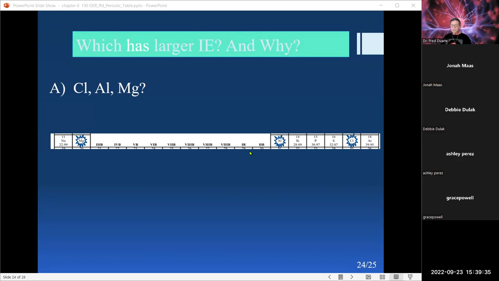Now, you can do this in two ways. One, find them on the periodic table. Once you do that, realize that they're in the same period. Here you got magnesium, here's aluminum, and here's chlorine. And given the trend that we have, because the chlorine is smaller, the electrons are held on tighter, chlorine's going to take more energy. Makes sense.